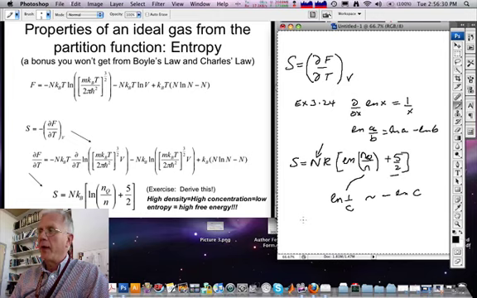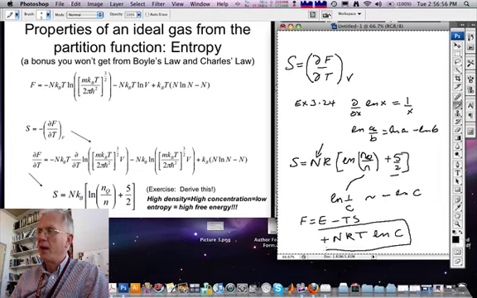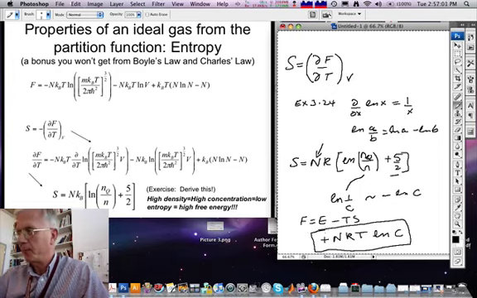Now, recall that the free energy has a term that's the internal energy minus T times S. So the contribution to the free energy scales as minus times minus is a plus NkT log of C. So the higher the concentration of an ideal gas, the higher its free energy.